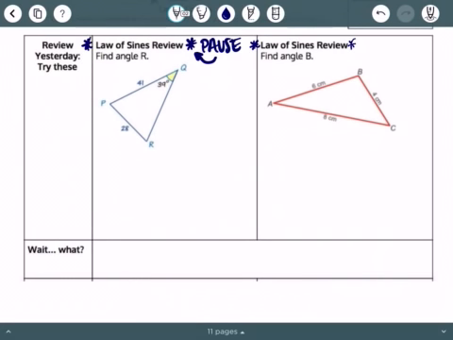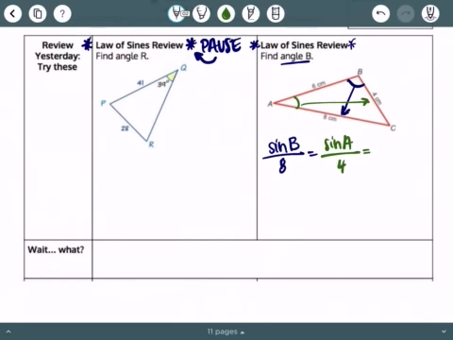All right, so the law of sines review. We're trying to find angle B. So I'm trying to find this angle here. So I have sine B over 8. And that's going to be equal to, and I kind of get stuck here because there's no angle here. So that would be sine A over 4.